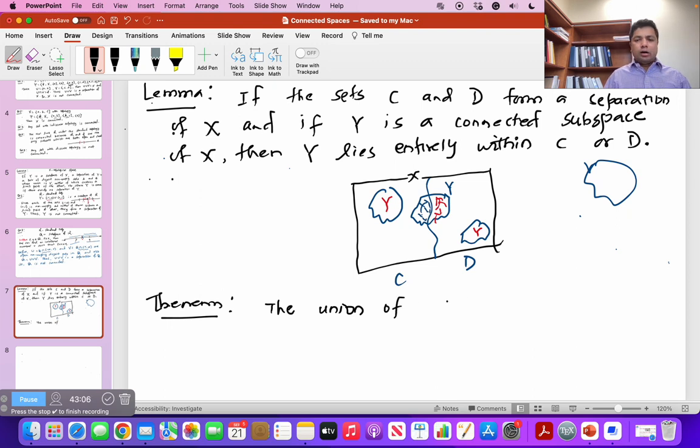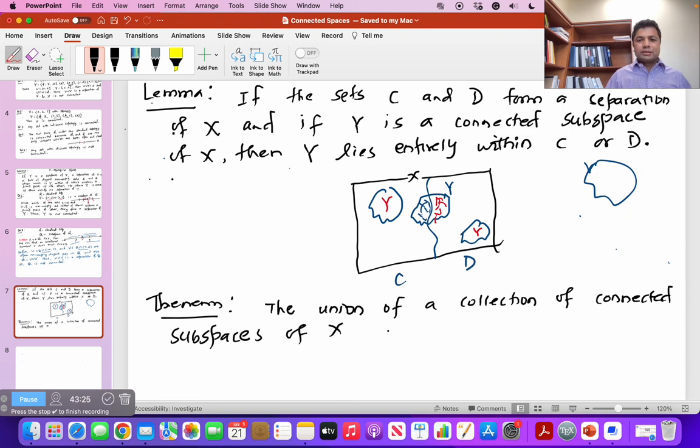The union of a collection of connected subspaces of X that have a point in common is connected.